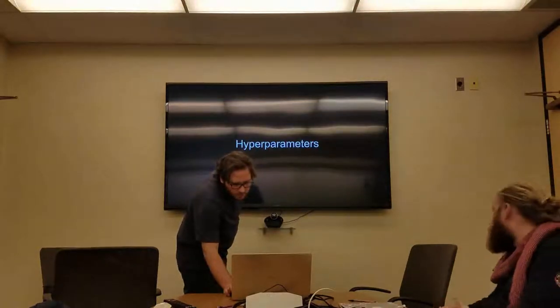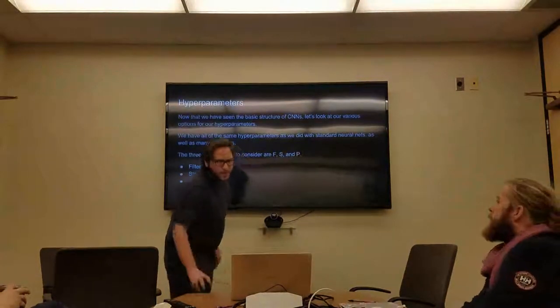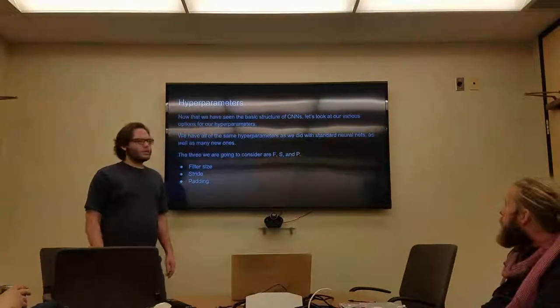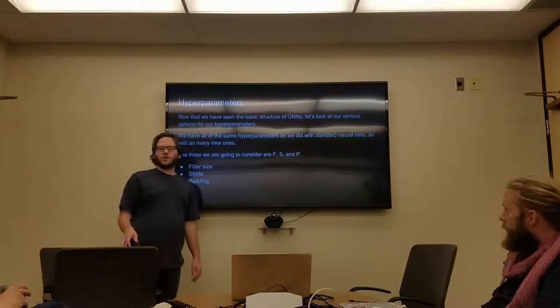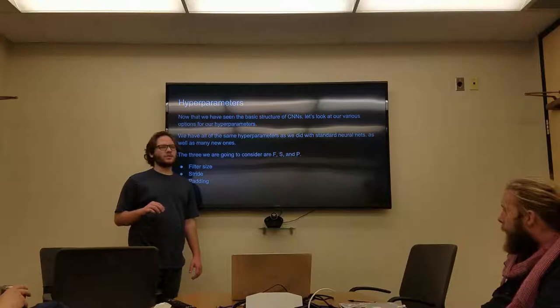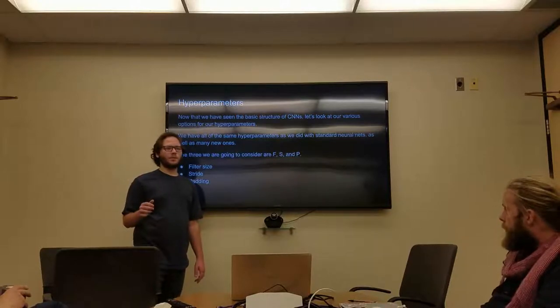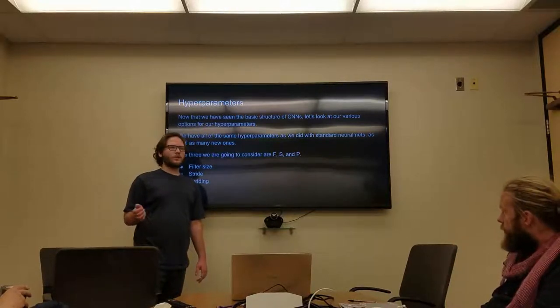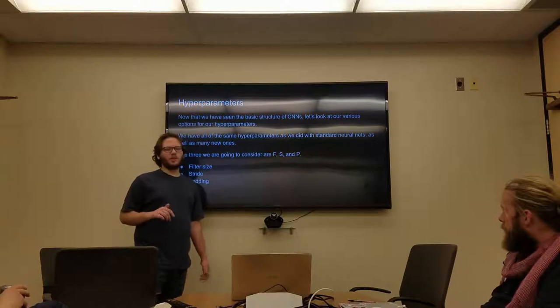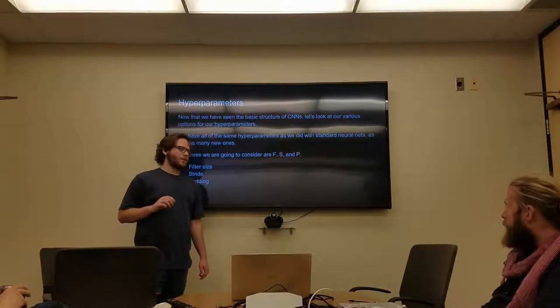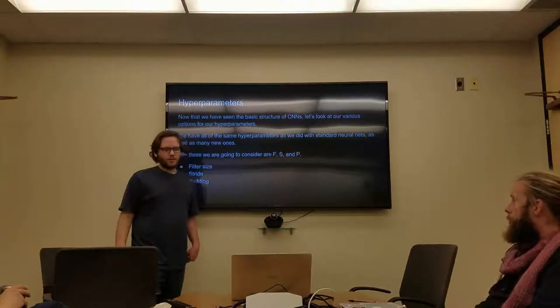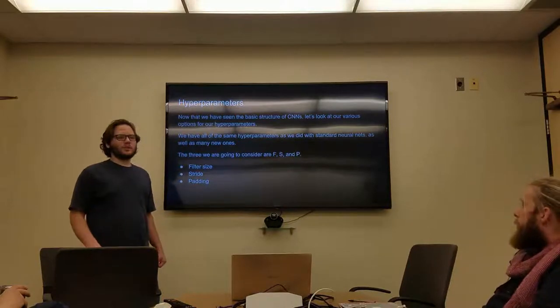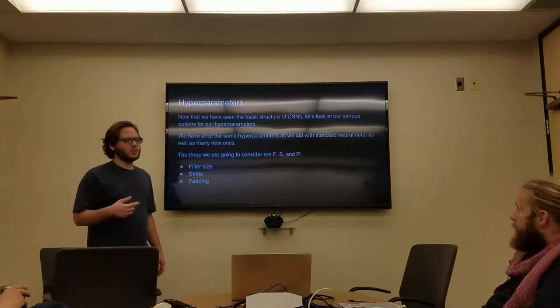So, hyperparameters. Now we've seen the whole structure. It's not a super complicated addition. It definitely takes some time to get used to, especially actually using it. But the additions to it are basically convolution and pooling.